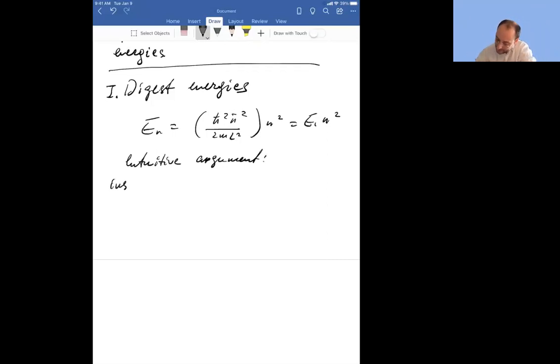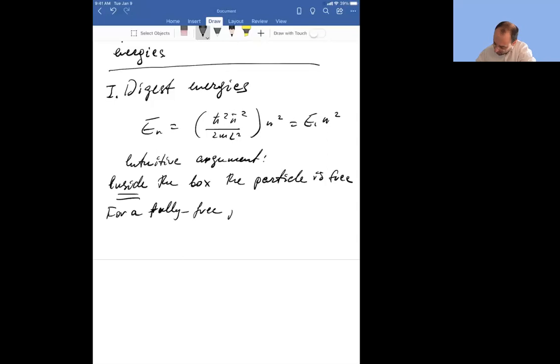So inside the box, the particle is free, no force. For a fully free particle, even in quantum mechanics, we already saw that there's a relationship between energy and momentum.